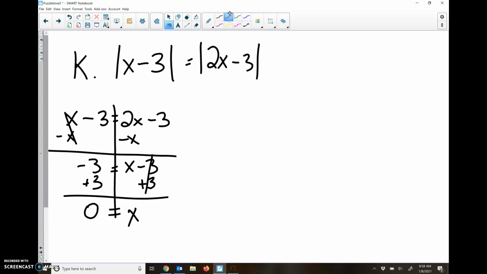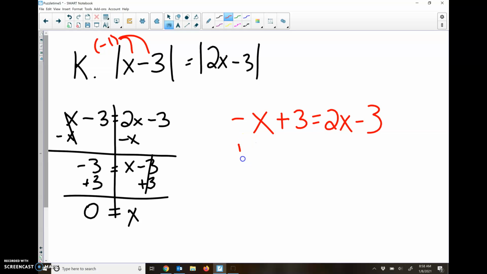And then remember, for our second problem, we have to multiply one whole side by negative 1. Let's just say I'll do the left side this time. Doesn't matter which side. That's negative 1 times x, negative 1 times a negative 3. So now my new left side should be negative x plus 3. I didn't do anything to the right side, so I'm going to keep it as 2x minus 3. And then same thing, I'm going to add x to each side.